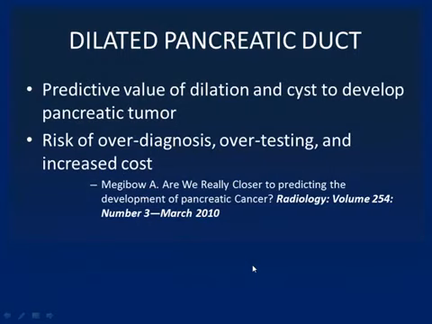So we recognize that there is a predictive value for the development of a risk of pancreatic adenocarcinoma in the presence of slight dilation and cyst, or whether, as pointed out by Megibow in the same issue of Radiology, we have to think about the risk of overdiagnosis, overtesting, and of course increased cost when evaluating these mild changes at the level of the pancreas.